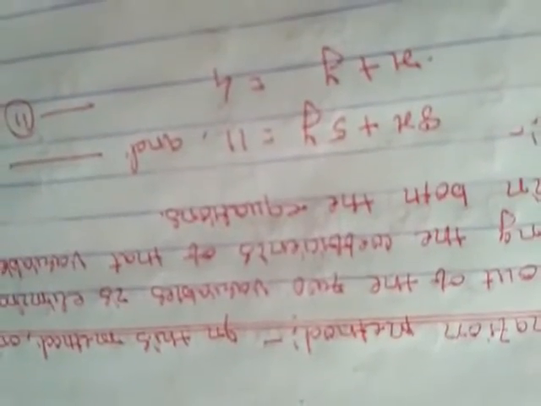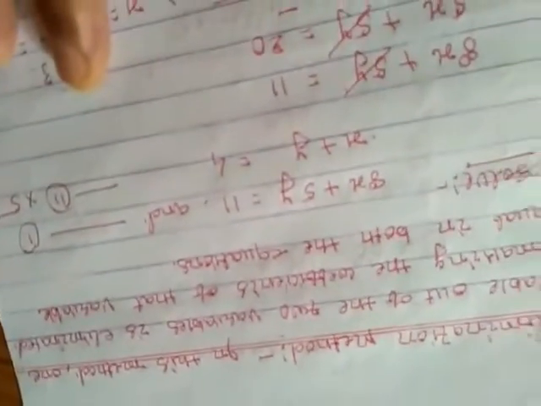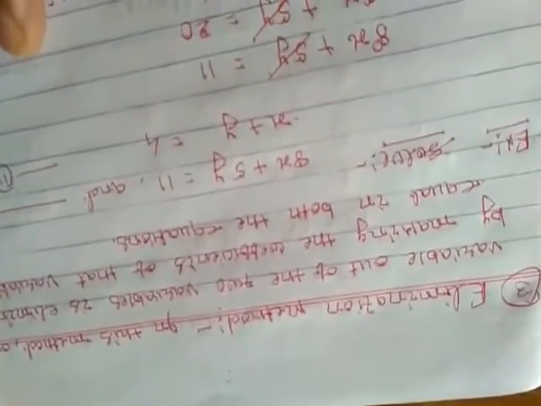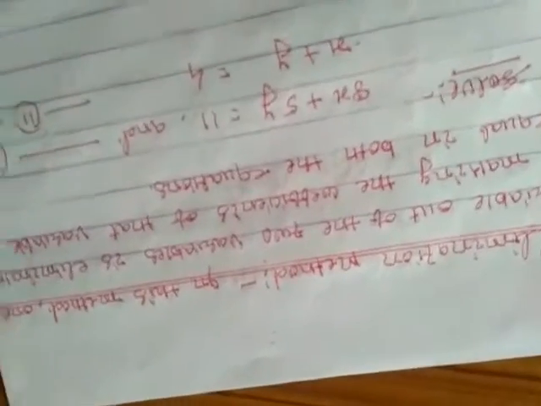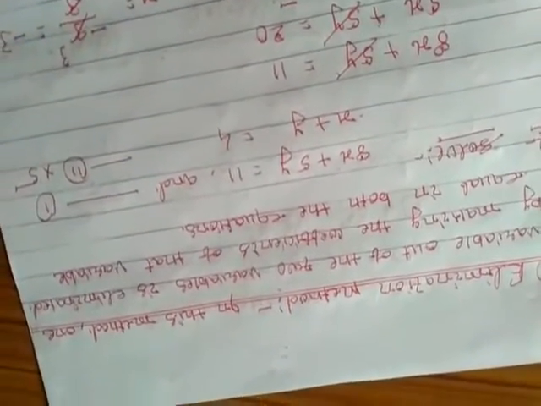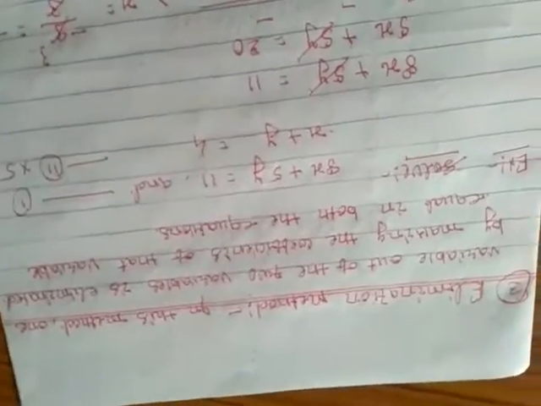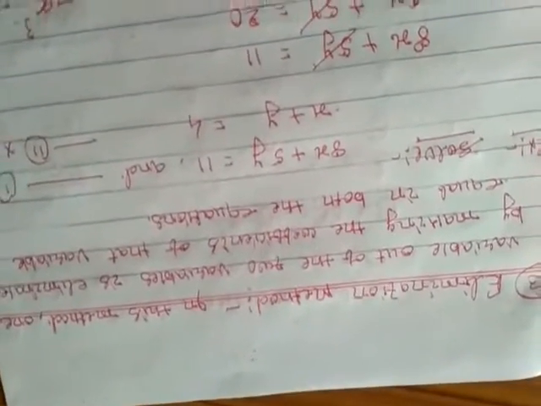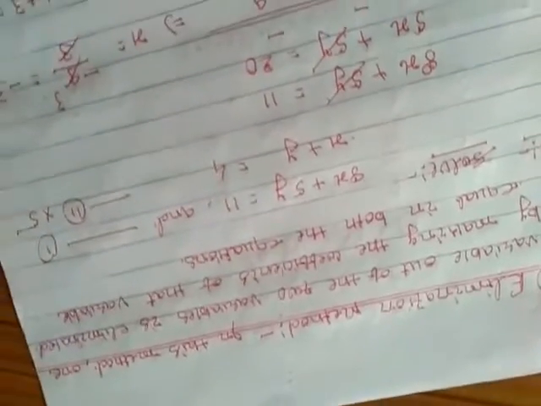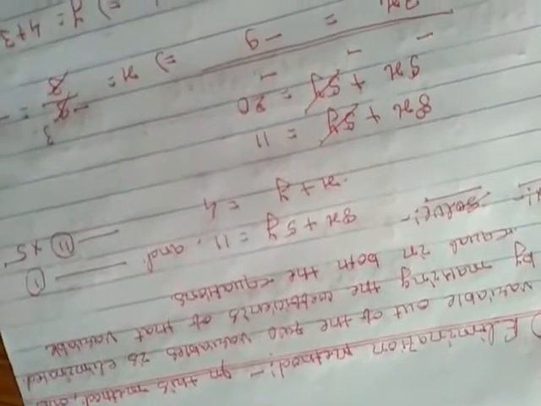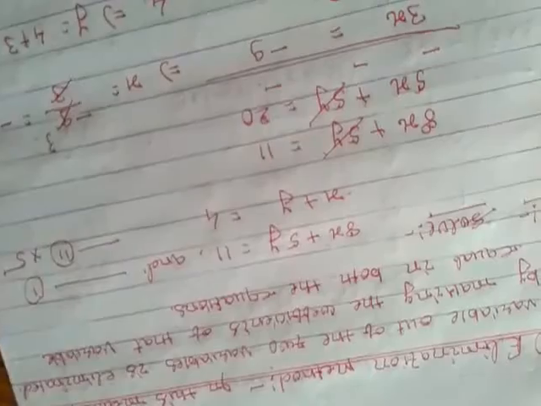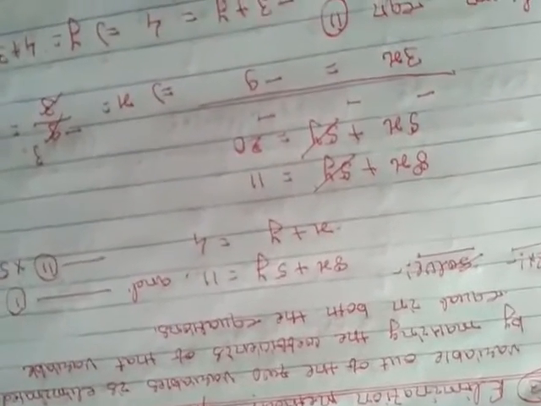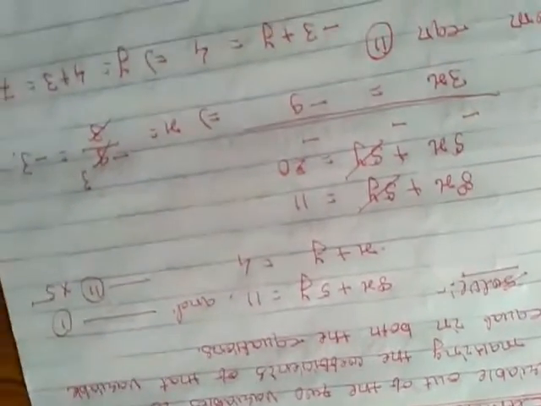It means that in this method we have to eliminate either one variable out of two by making their coefficients equal in both equations. Let's understand it by taking an example.